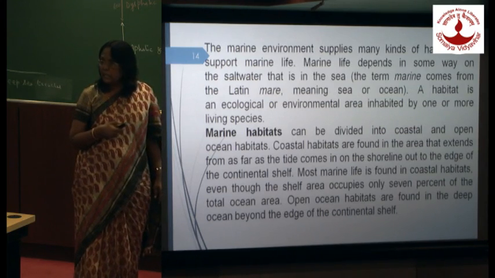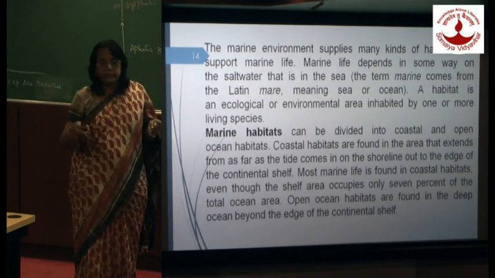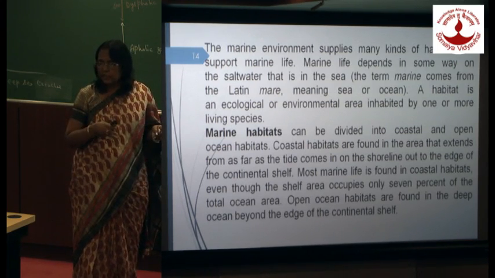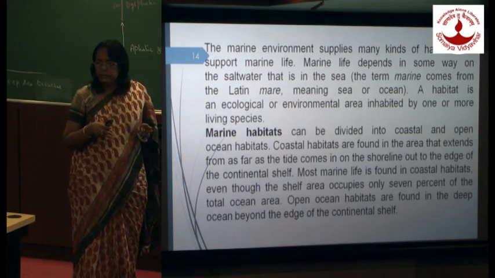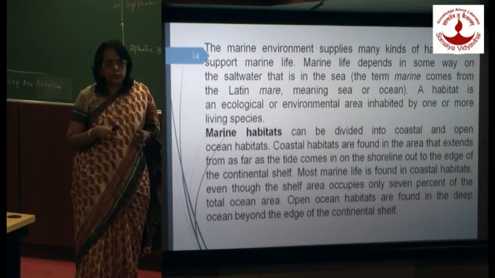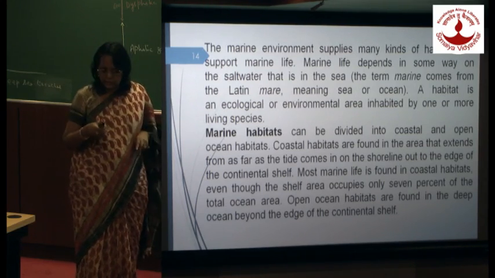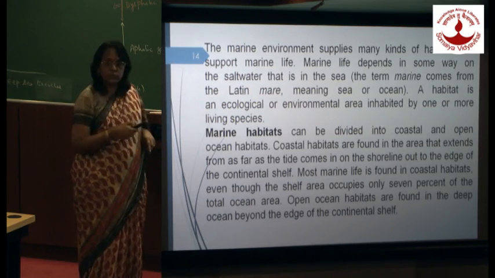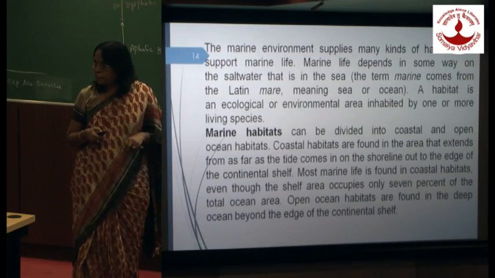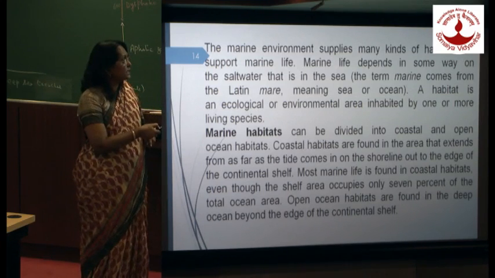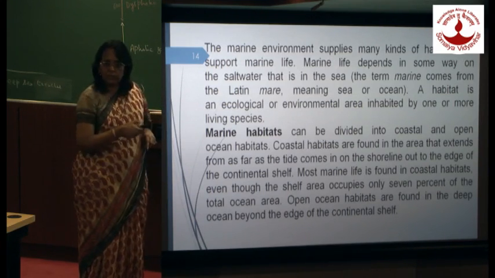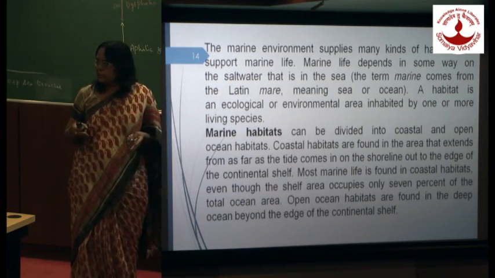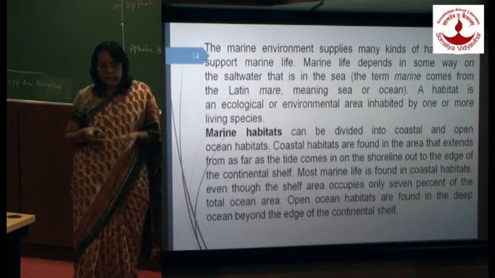Alright. Besides that, there is of course intertidal region also. Now animals living in intertidal region, they have to adapt themselves to a much larger extent than any animal which is living in the coastal or ocean habitat. Why? Because in both these ocean habitats, animal is always surrounded with water. The environment there is constant for the animal.